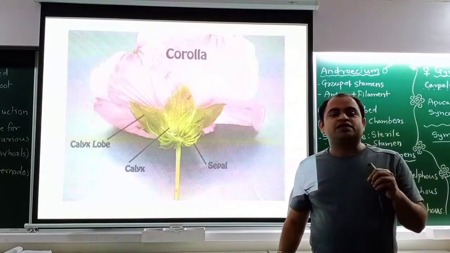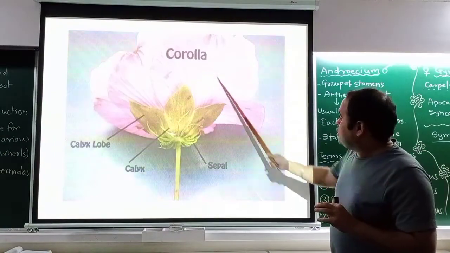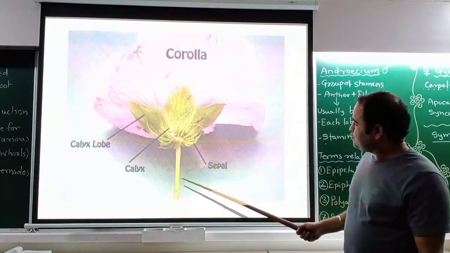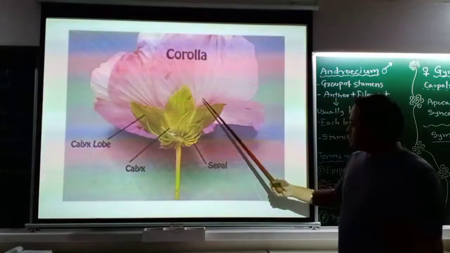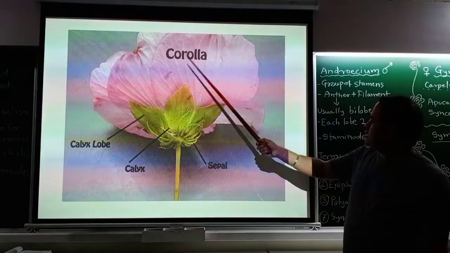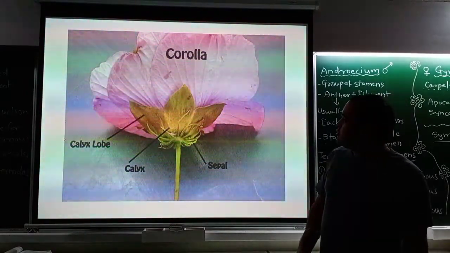This is nothing but the evidence for the statement that a flower is a modified shoot. Once again: calyx, then corolla and epicalyx. So everything is there. Let us go ahead.